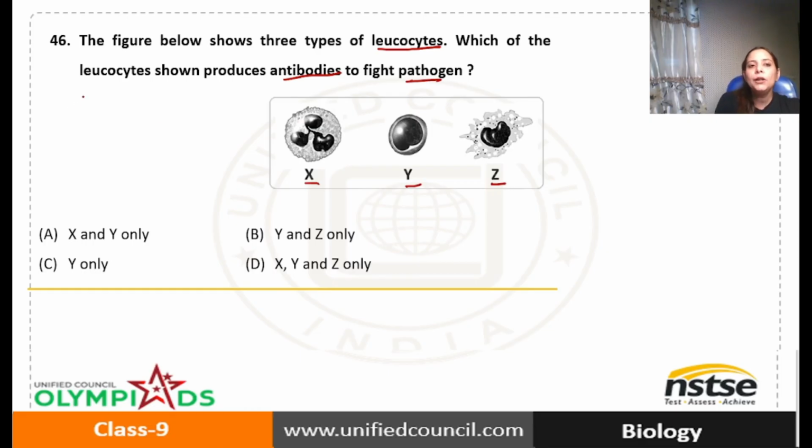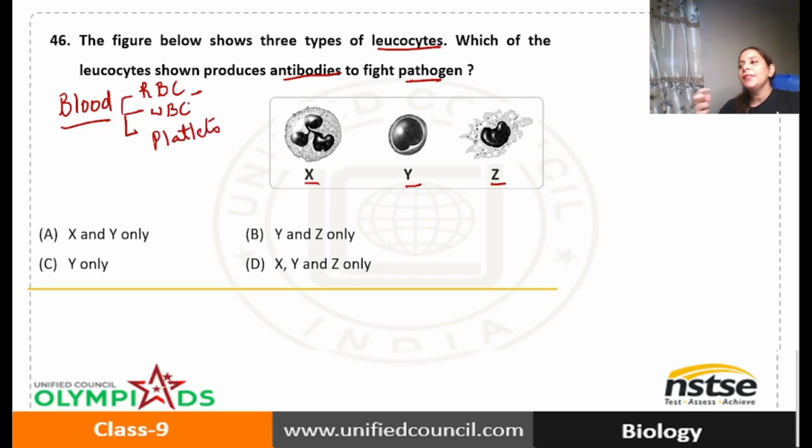I hope you all know, if we talk about blood, blood has 3 types of cells in it: RBCs, WBCs and platelets. Now RBCs are red blood cells, and their main characteristic is that they contain a red color pigment, hemoglobin, which is concerned with the transportation of gases.